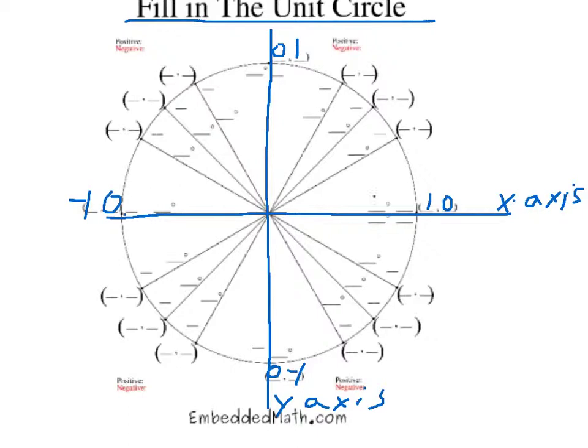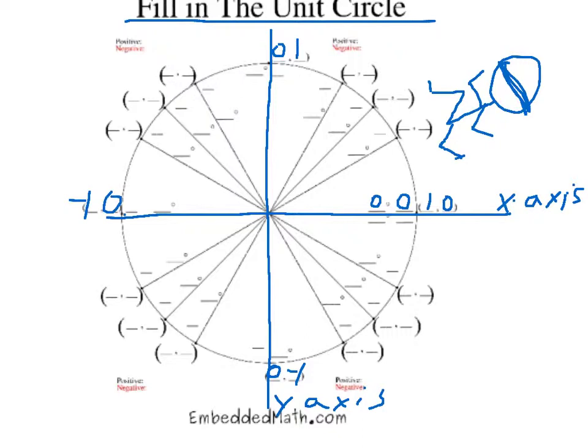If I was right here, I would be at 0 degrees. And when we talked about radians and converting things to radians, as we'll talk about in section 13.3, that's 0 radians. The point of radians is, I don't know why, but I always think of this guy, theta guy, walking around the circle.